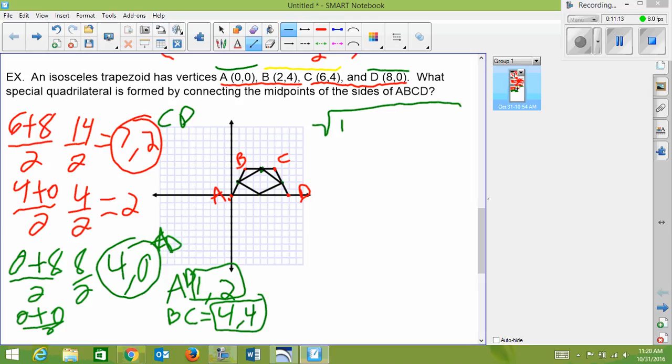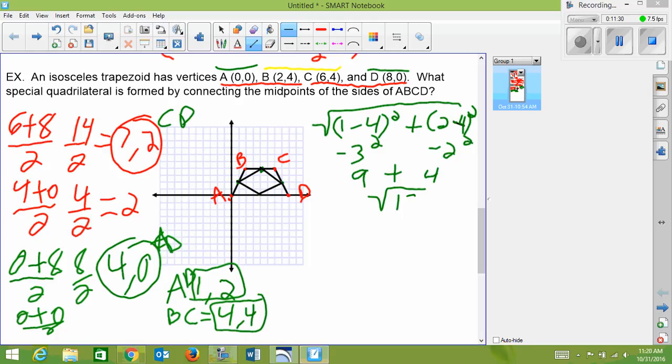So 1 minus 4 squared plus 2 minus 4 squared. 1 minus 4 is 3, negative 3 squared is 9. 2 minus 4 is negative 2 squared is 4. So square root 13 is from here to here.